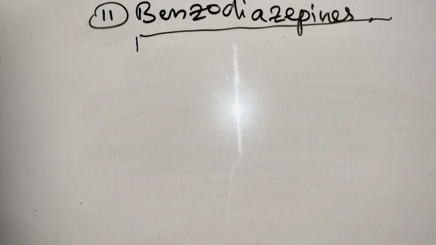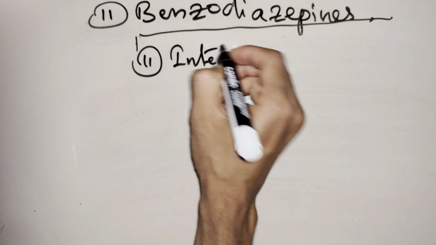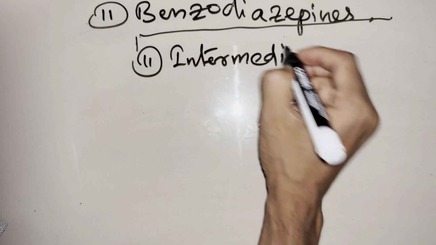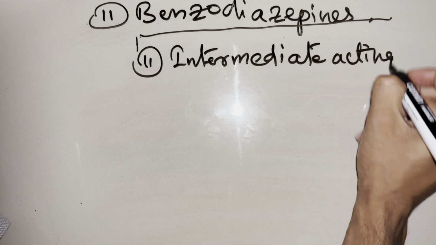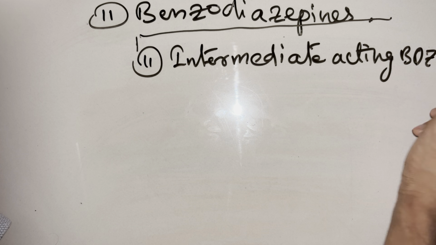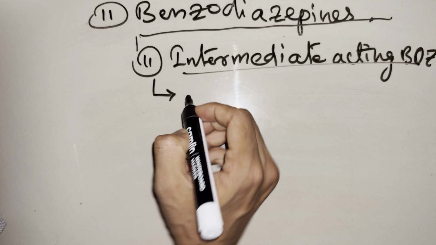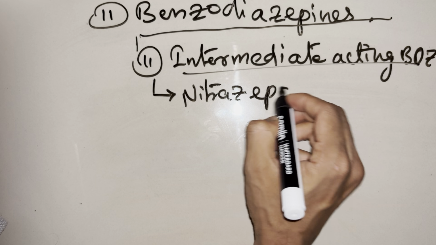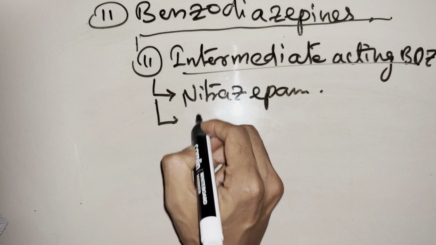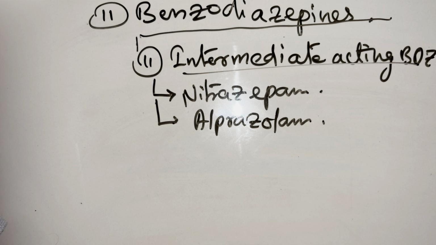So the examples of intermediate acting BDZ are nitrazepam and alprazolam.